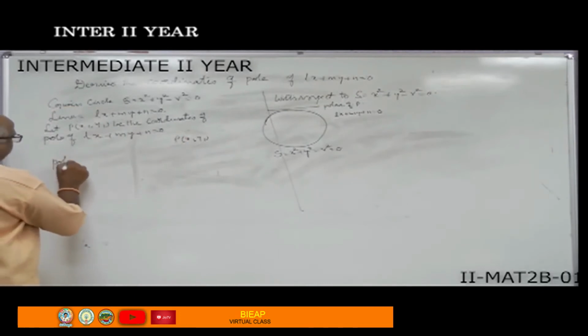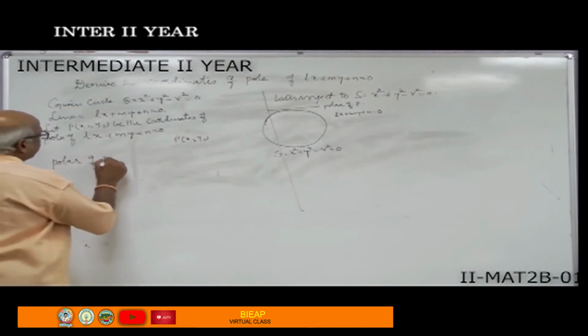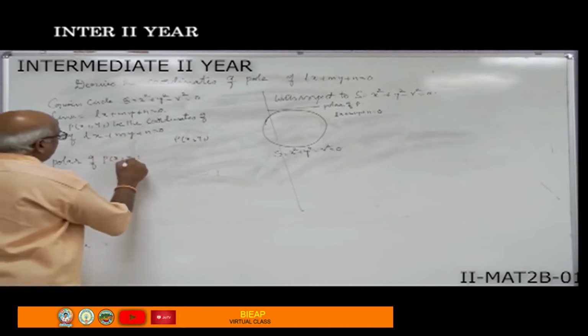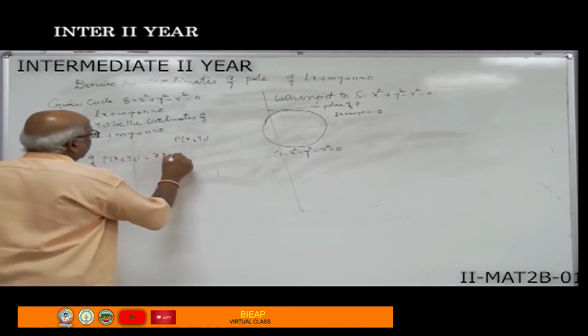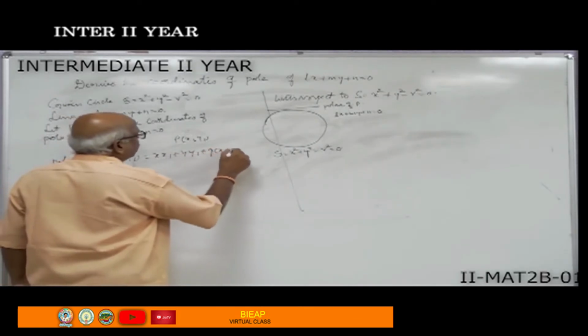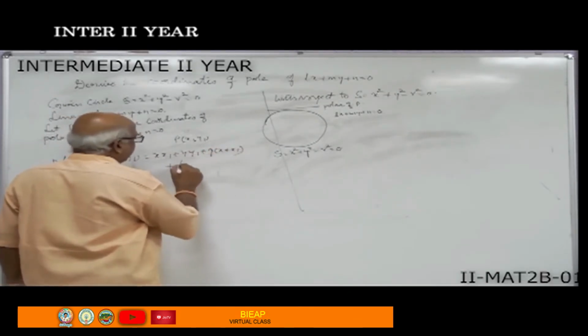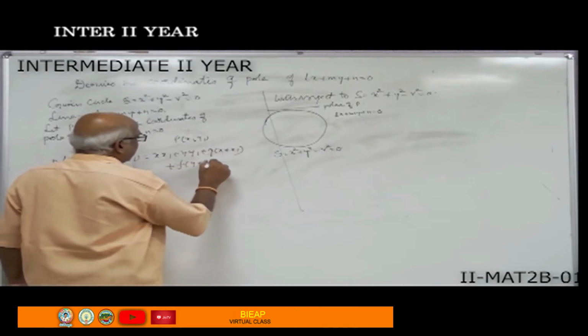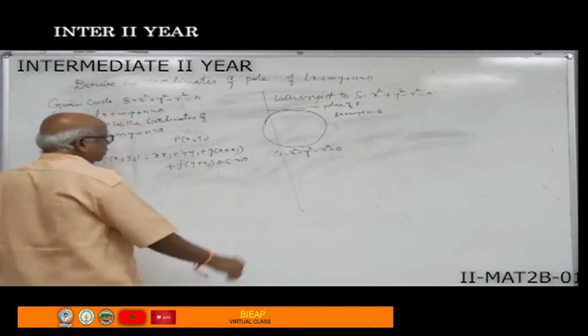Polar of P, according to the formula xx1 plus yy1 plus g into x plus x1 plus f into y plus y1 plus c equal to 0.